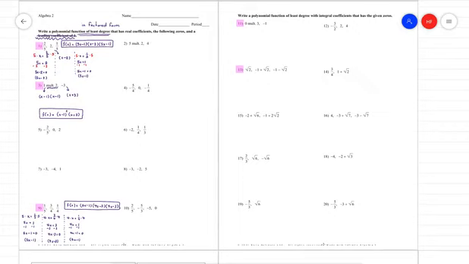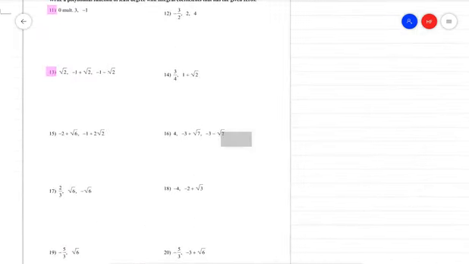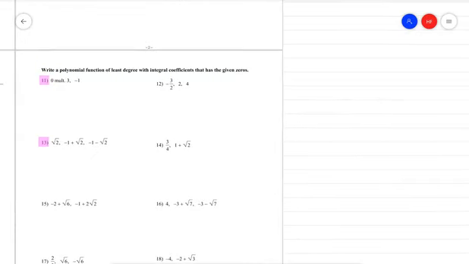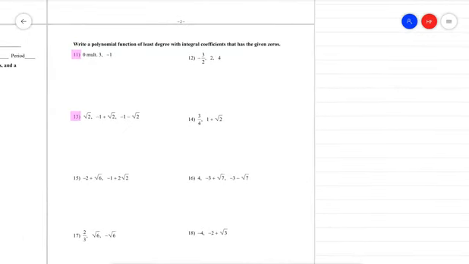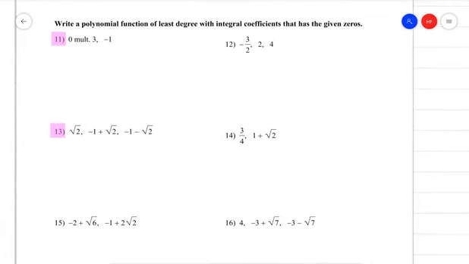Now on the second page, it doesn't have that part of the instructions. So we are just writing the polynomial function of least degree, and we're given the zeros. On number 11, we have 0 with a multiplicity of 3, and then a 0 of negative 1.